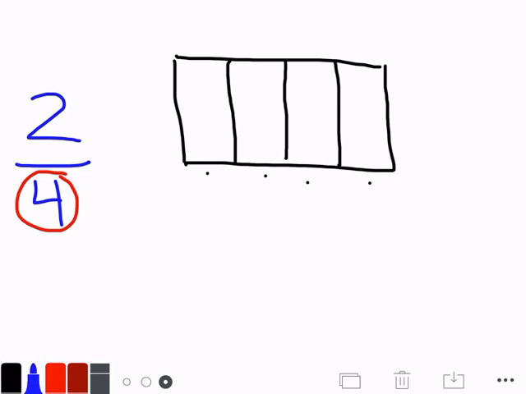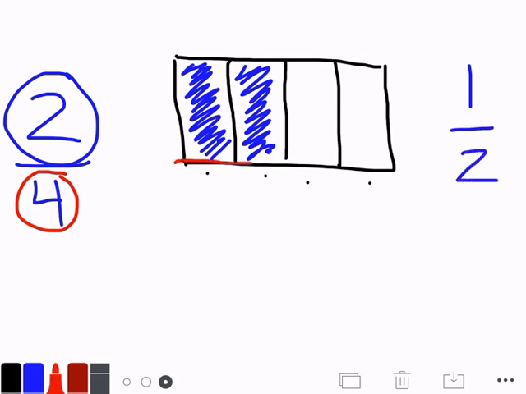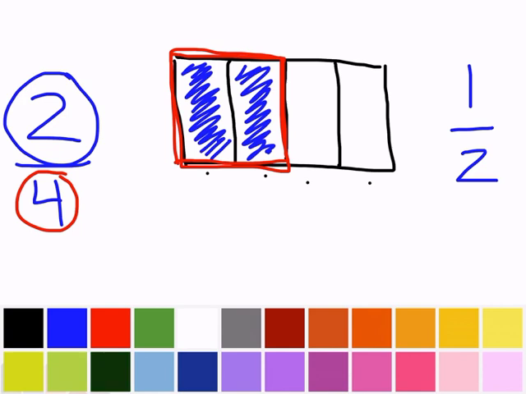My numerator in this case is going to tell me how many of those pieces I need to fill in. And again, this is pretty easy now. There's my numerator of 2, so I'd fill in 1 out of the 4 and 2 out of the 4. So there's my fraction bar showing 2/4. You might also realize in that fraction bar that half of it is filled in. Half of the entire bar is filled in. So if you look at this piece that's filled in, that is half of the entire bar, because I would have 2 equal pieces there.